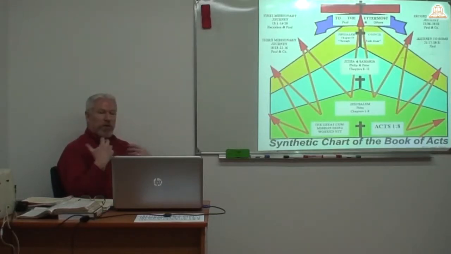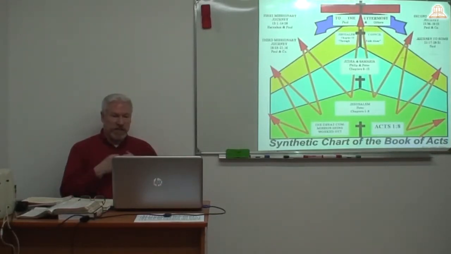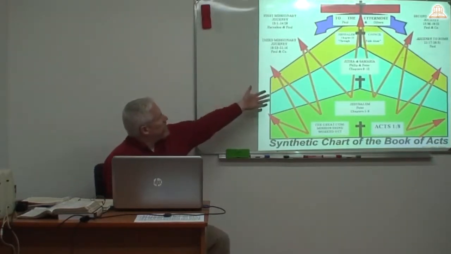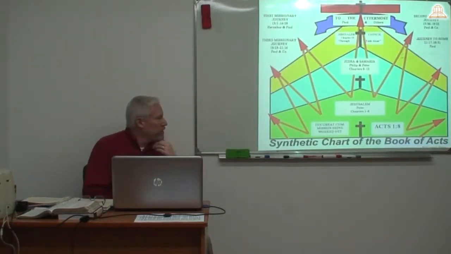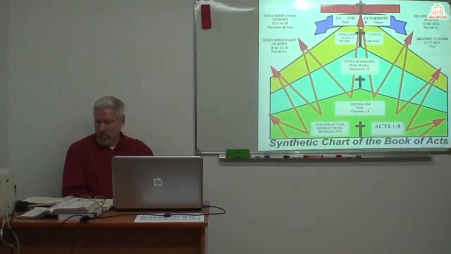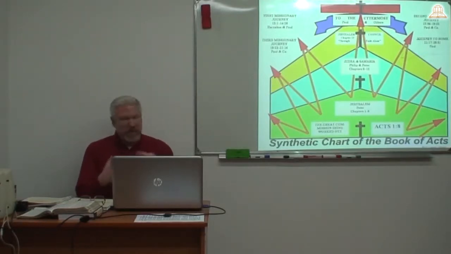So as you look at the book, what is the author emphasizing? On this picture, he's emphasizing, and that's what he says up there, the growth of the church. The church is growing. And so some of the benefits of this.